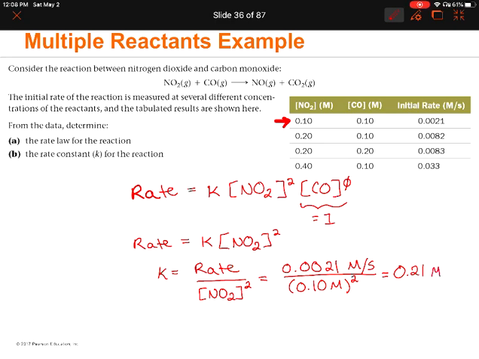So we'll have M to the negative 1. And then seconds doesn't cancel, and it's also in the denominator. So we'll say seconds to the negative 1. So you're going to see some pretty funky units here for the rate constant. But that is our answer for B.